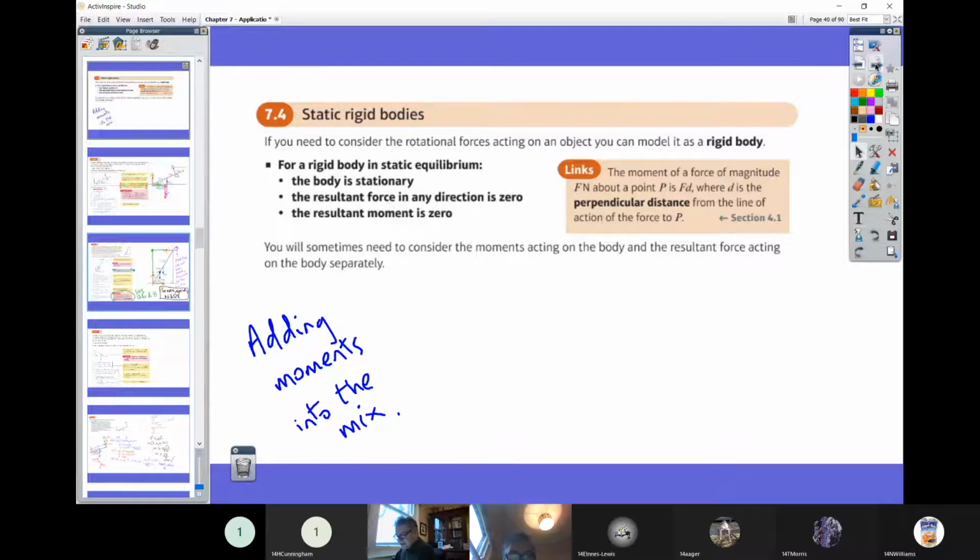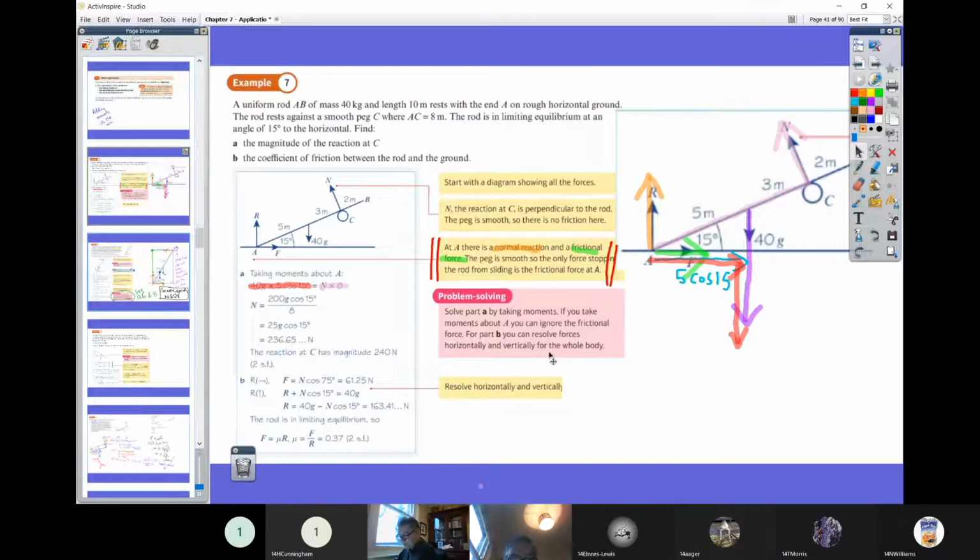So example 7, I don't want to spend too long on it, but I want to remind you of a few key points. Here we were taking moments about A, so we've got to get the perpendicular. We've got a uniform rod, and remember, with a uniform rod the weight is right in the middle. My suggestion is, don't make the arrow for the weight really small like they've done there in black.